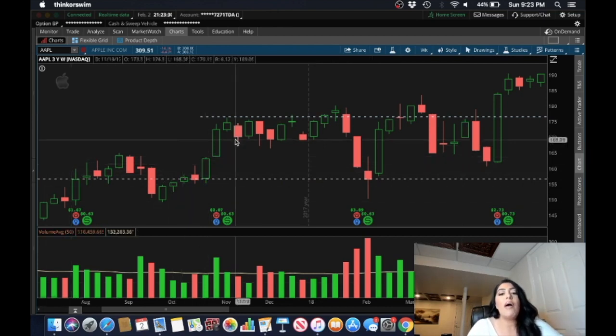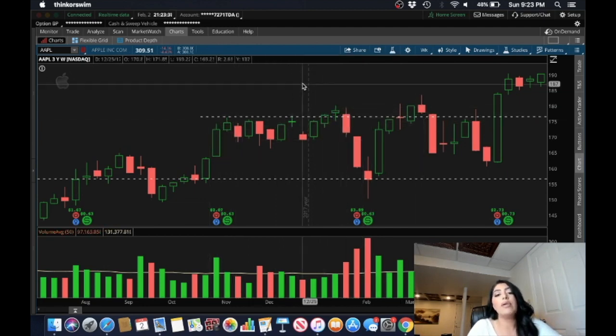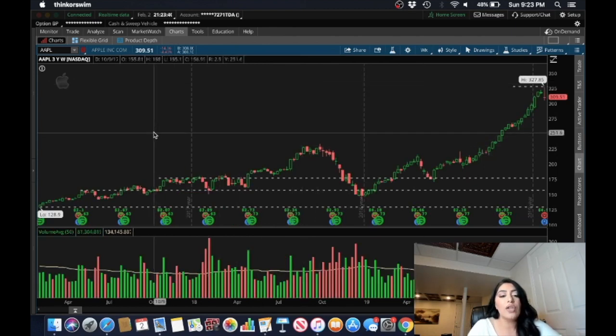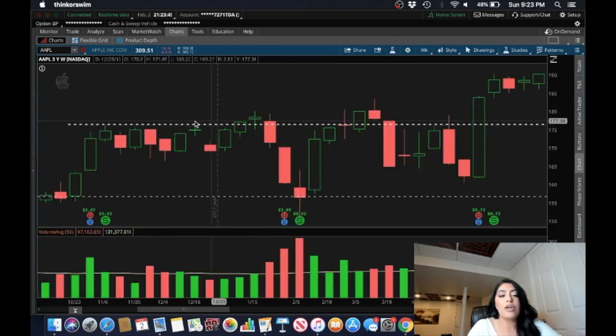Now, how I know that I set this level of resistance correctly: if you move your cursor along, you can see that this level of resistance was hit multiple times. What you can do, if you'd like, is set this level of resistance a little higher. As you move your cursor up, you can see that it did go a little bit higher than this 176.50 level that we have set.